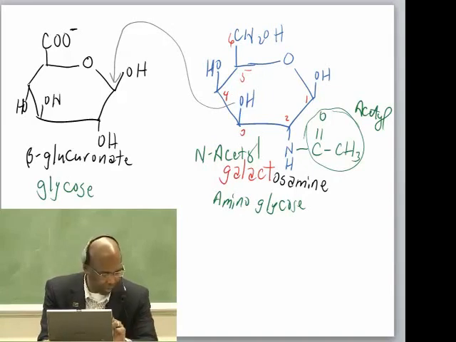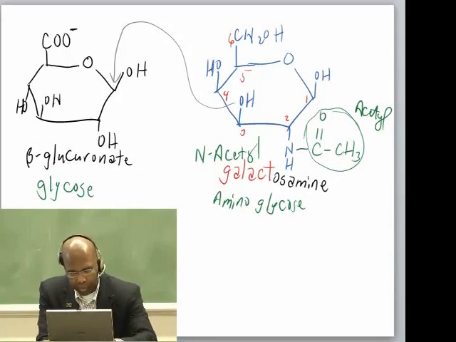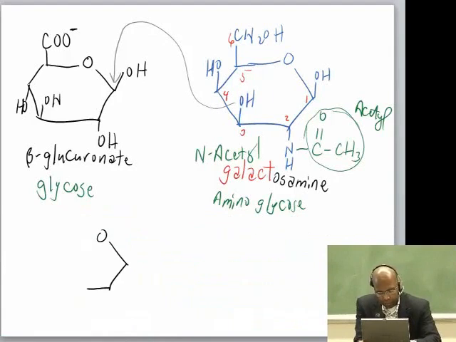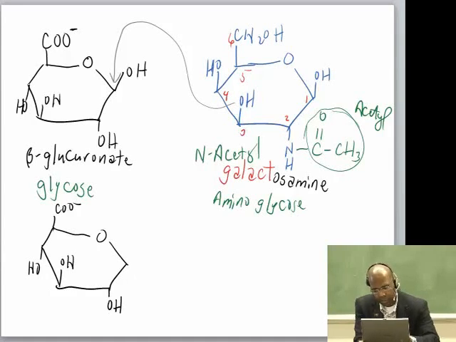The 3-hydroxyl. Okay. And so this is what we're going to end up with. COO minus, down, up, down. I'm not going to do anything to the anomeric carbon yet until we make the bond.